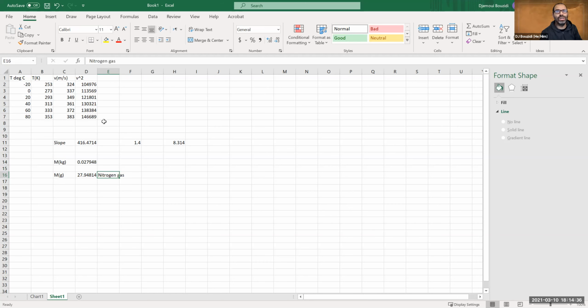Okay, this is N2 actually. Let's see what the questions are. Use the slope of the line, calculate M, the molar mass of the gas, express M in grams. What type of gas is in the tank? That is nitrogen gas. Make sense to you guys?